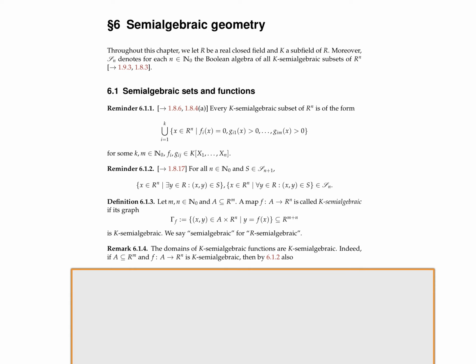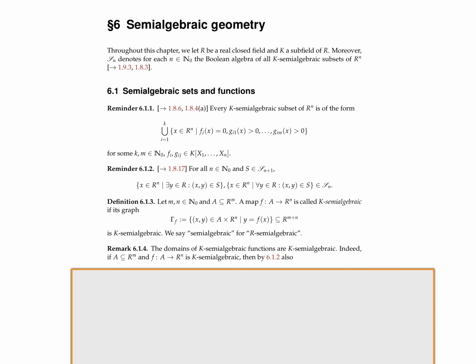And the domains of K-semi-algebraic functions are K-semi-algebraic. That follows clearly by this quantifier elimination, because the domain of a K-semi-algebraic function, this would be the A here, is of course the projection of this graph onto the first m coordinates.